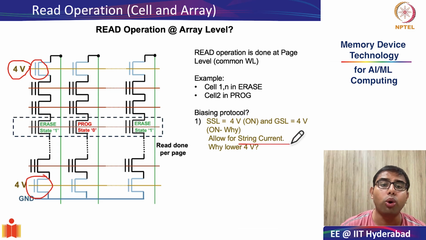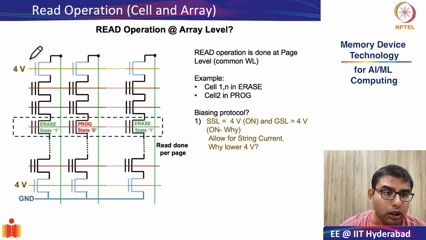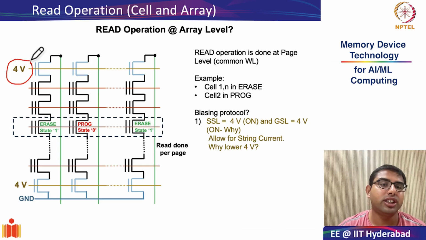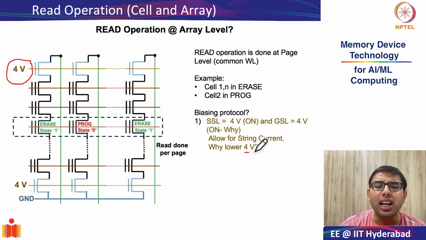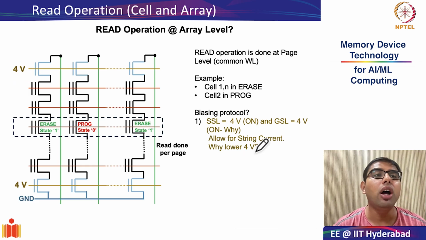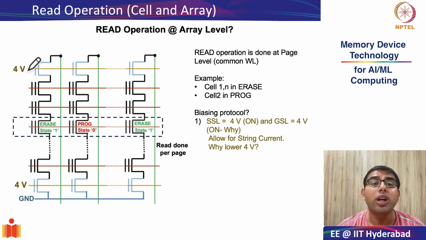Another important thing to notice, in program state, the magnitude of the voltage that was applied at the GSL and SSL was significantly larger. However, in this case, you are applying a tiny voltage of 4 volts only. So a question could be, why are you applying a lower bias at the gate terminal when we do the read operation?